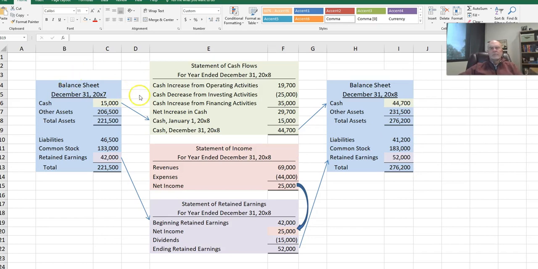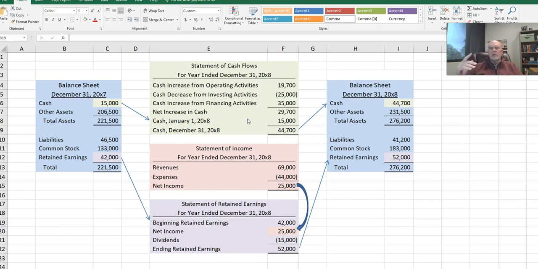And so that's where the statement of cash flows comes in. It simply summarizes the cash collections and the cash payments throughout the period. Now we're going to group those payments and collections in 3 categories: operating activities, investing activities, and financing activities.